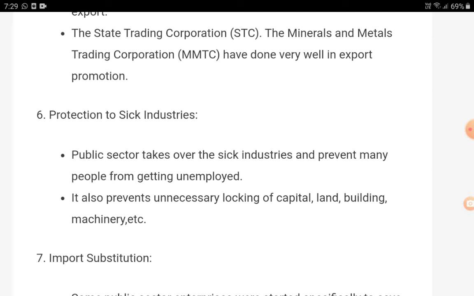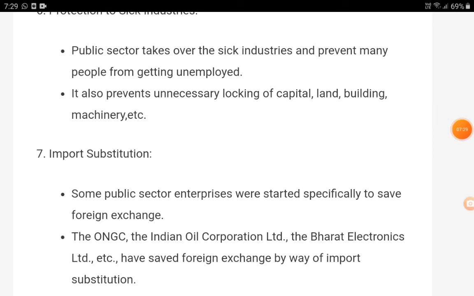It also prevents unnecessary locking of capital, land, buildings and machinery, etc. Next one, import substitution. Some public sector enterprises were started specifically to save foreign exchange. The ONGC, the Indian Oil Corporation Limited, Bharat Electronics Limited, etc. have saved foreign exchange by way of import substitution.